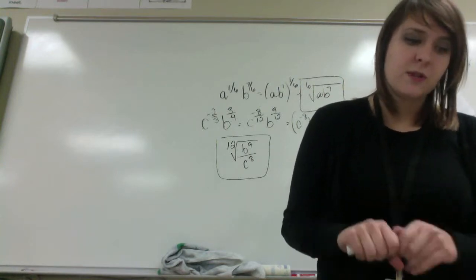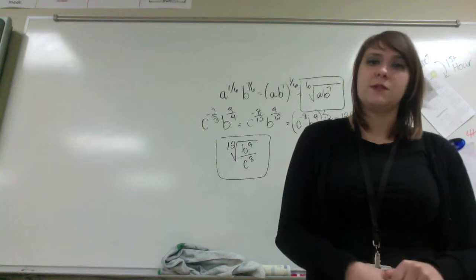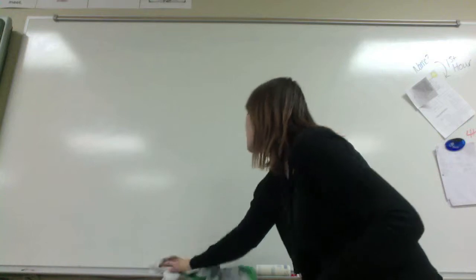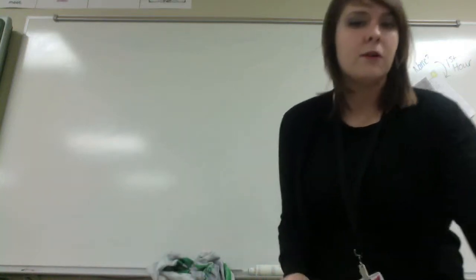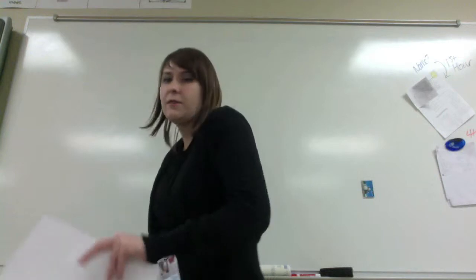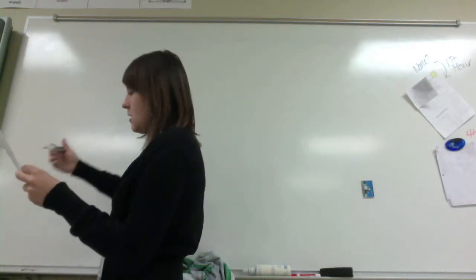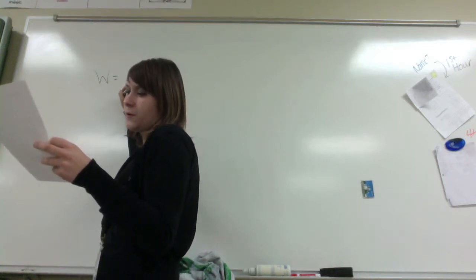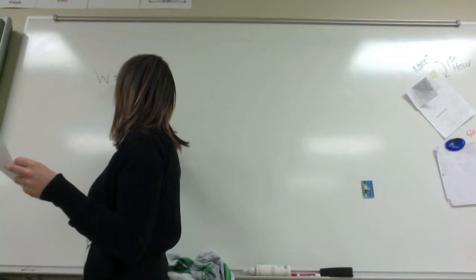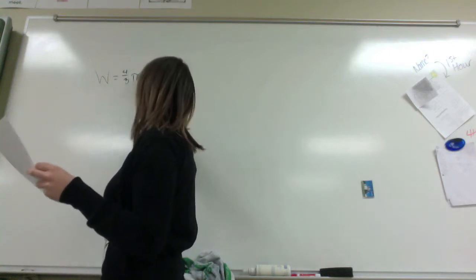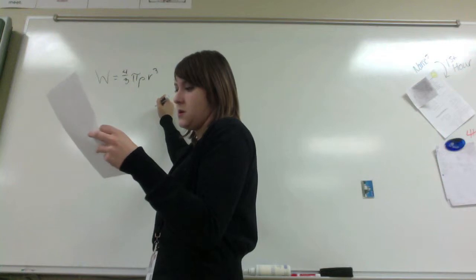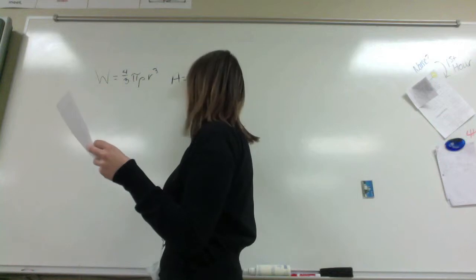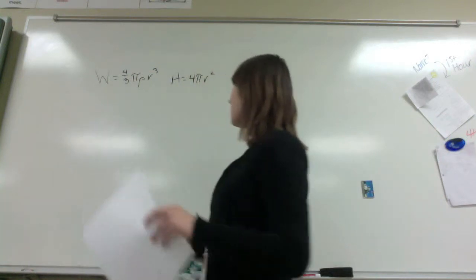Okay, so first thing we want to do, express the weight W in terms of its surface area. So if I'm going to express W in terms of surface area, I can say W equals 4/3 pi rho r cubed, and I know that A equals 4 pi r squared.